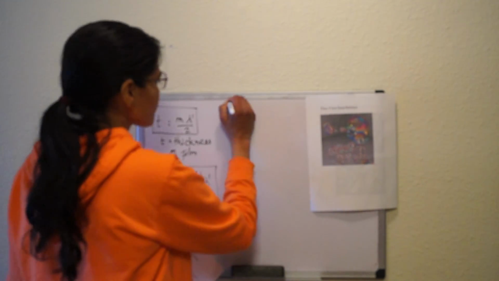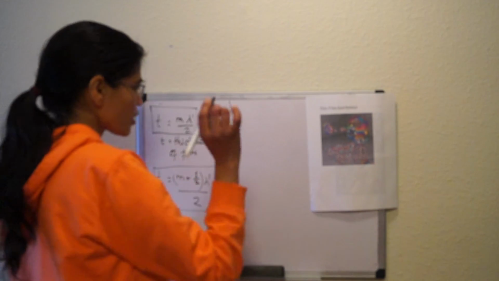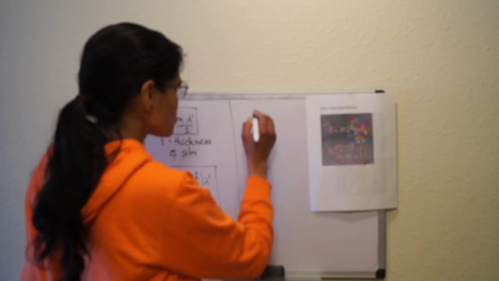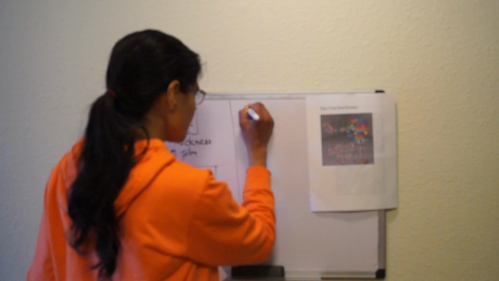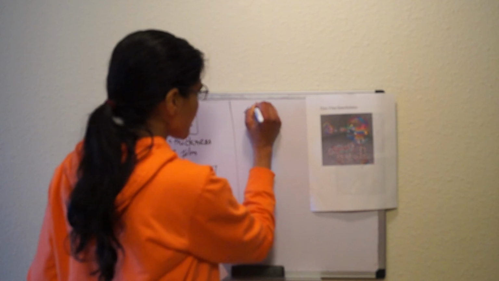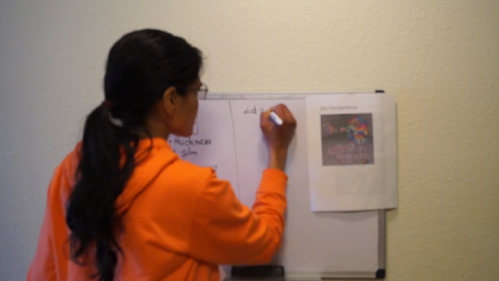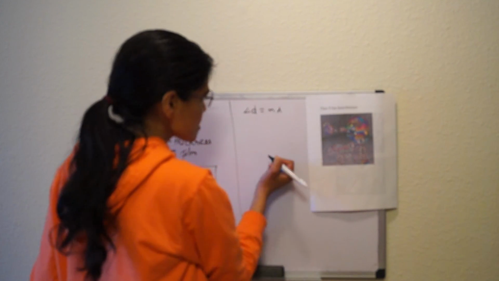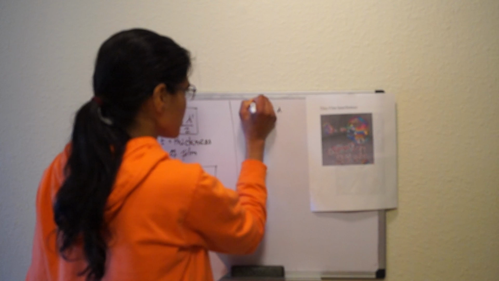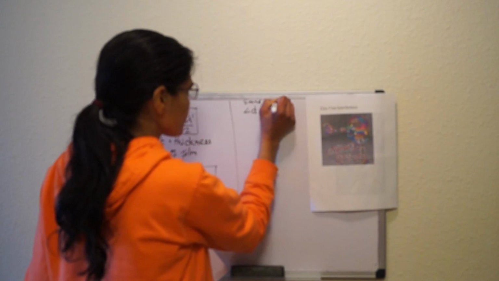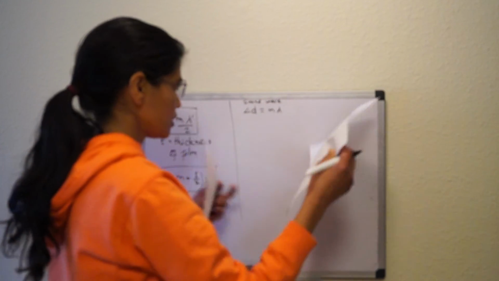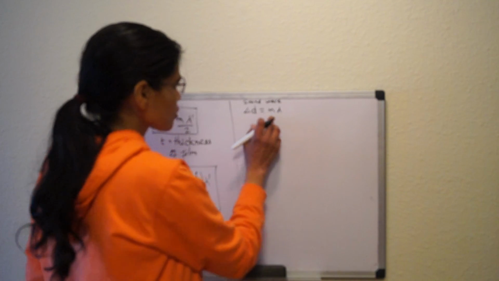Remember, for constructive interference to happen, what did we need? The path length difference, delta D, equal to m times lambda, right? That was for the sound wave analogy. For constructive interference, delta D equal to m lambda.